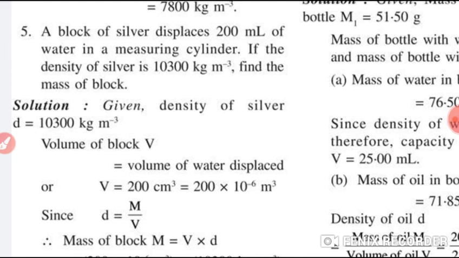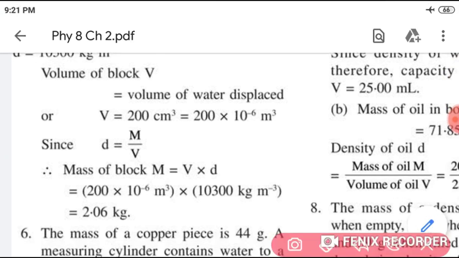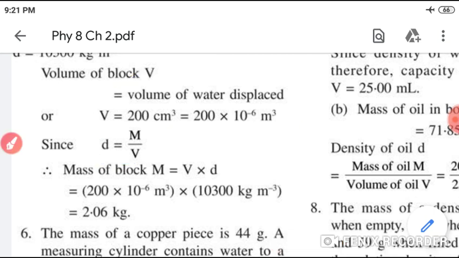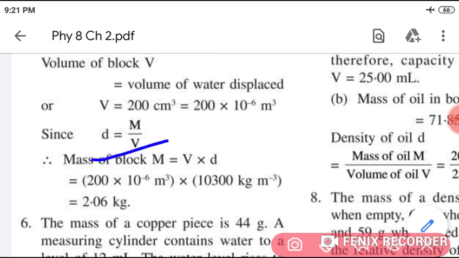What is the solution, students? The density of silver is given, and the volume is also given. Density is equal to mass upon volume. The volume is 200 into 10 raised to power minus 6 meter cube.